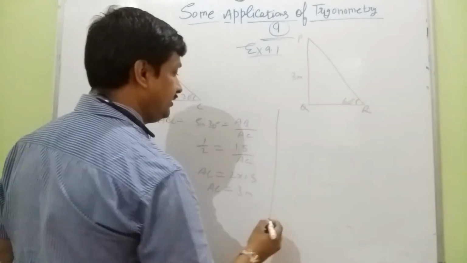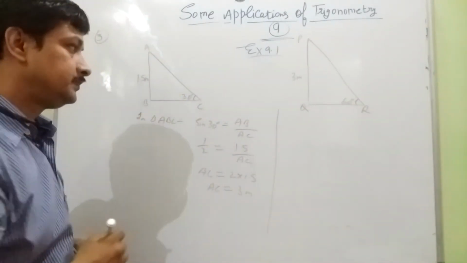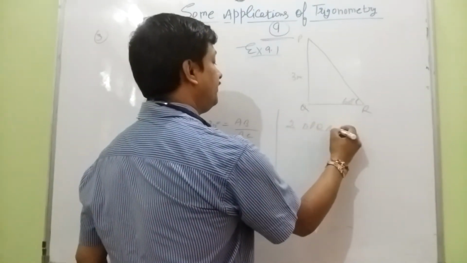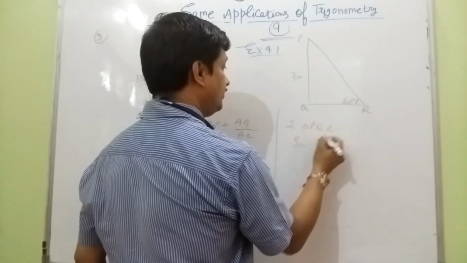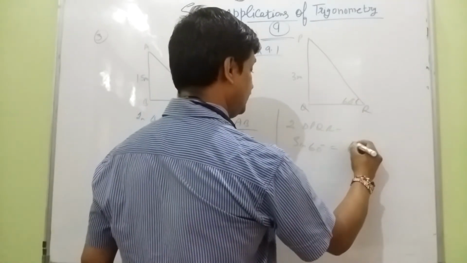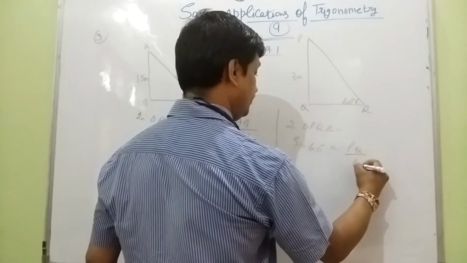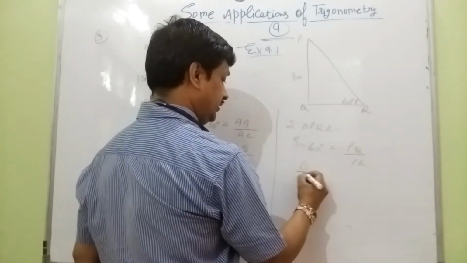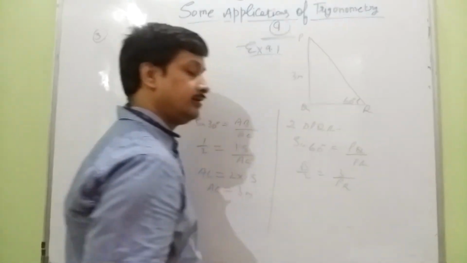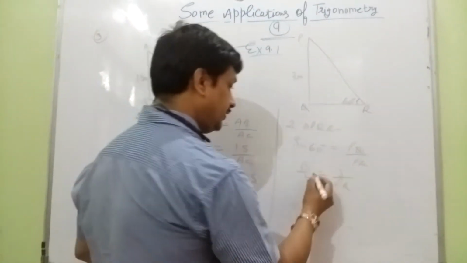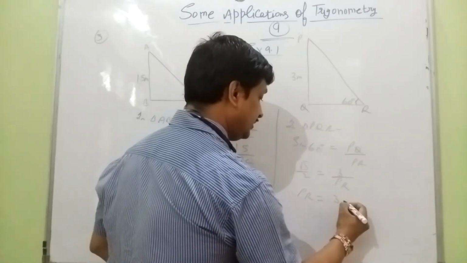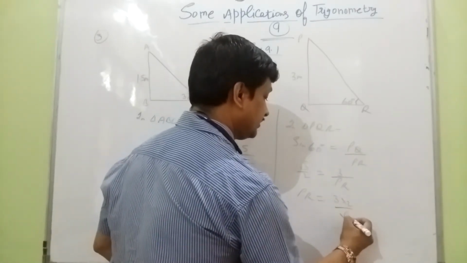On the other hand, for triangle PQR, again we will apply the formula for sine, but this time the angle is 60 degree. So sine theta is perpendicular, that is PQ upon hypotenuse. Sine 60 is root 3 by 2. PQ is 3 and PR is required. So just solve it, cross multiplying, you will get this.